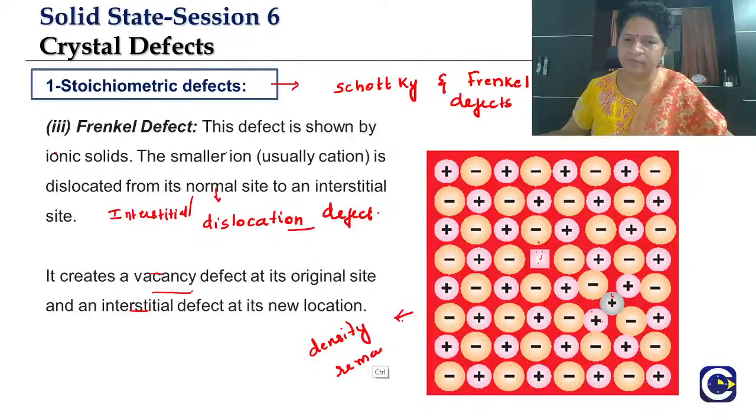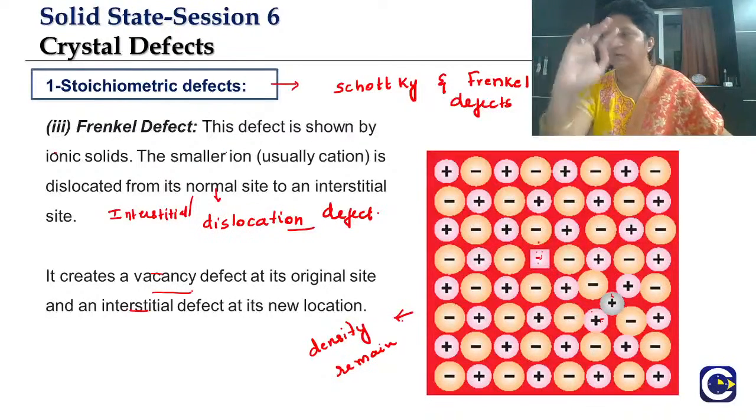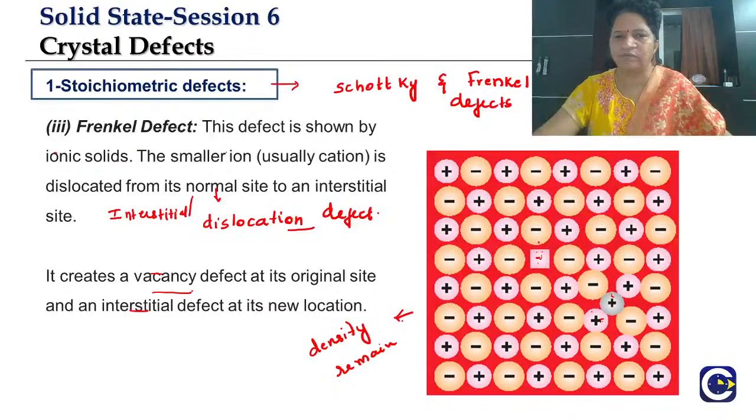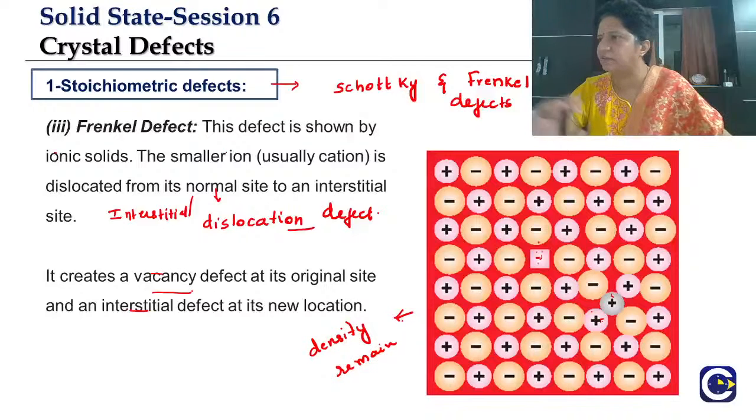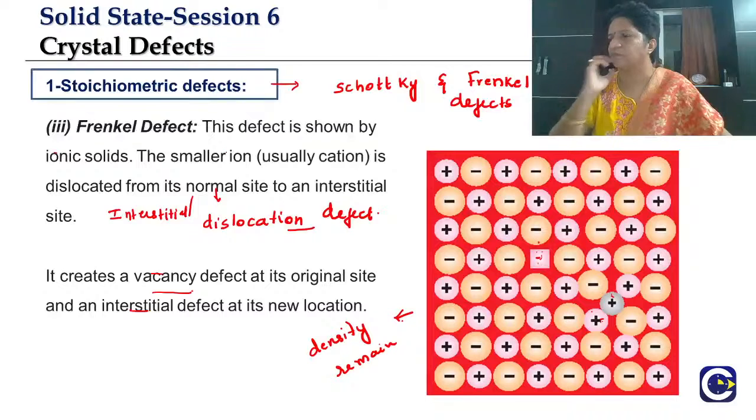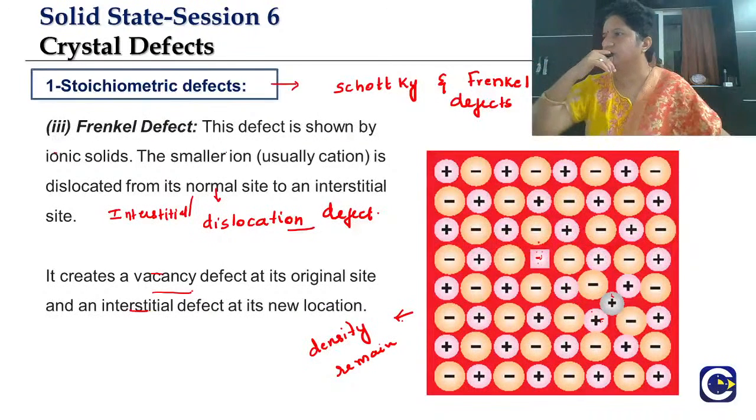Why is the density the same? It's going from this place to some other place, so the mass does not increase. Why would it increase? That's why I took two examples when I was telling you this. When will it increase, Aditi? When an extra atom is added. Here it changes its position only.